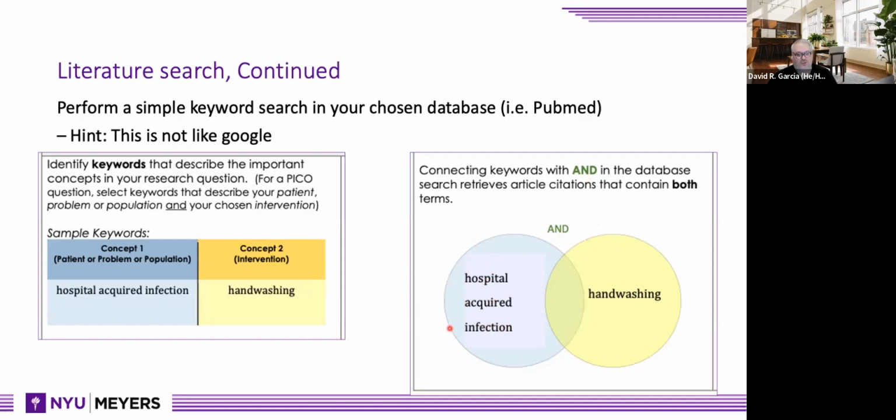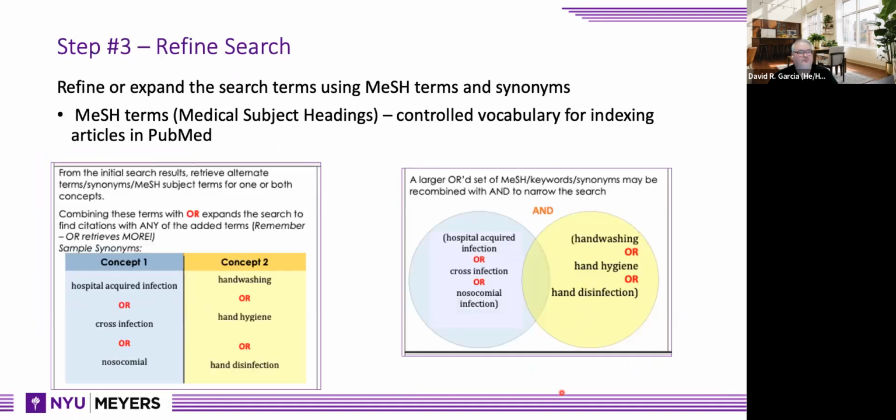So you want to merge those 2, and that's why they use these 2 circles here. So then you'll want to refine your search. So you're going to expand your search by using MeSH terms. So MeSH terms are the actual vocabulary that's indexed in PubMed, and those are your medical subject headings.